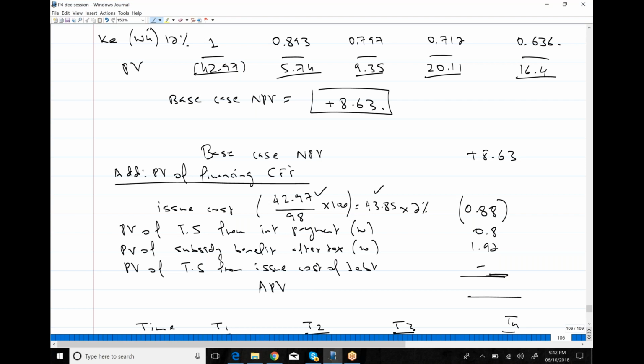That will give you your APV. That will be 10.47, positive 10.47.